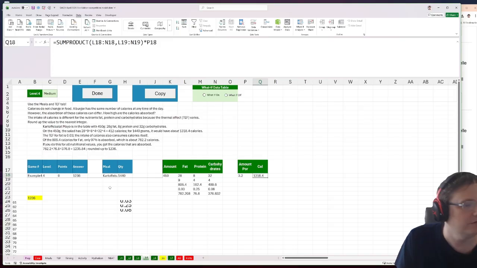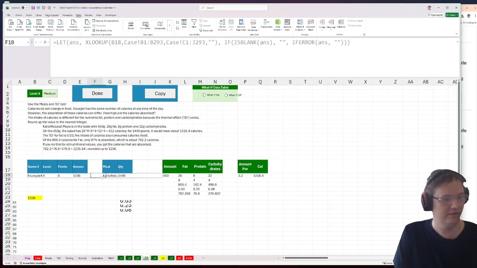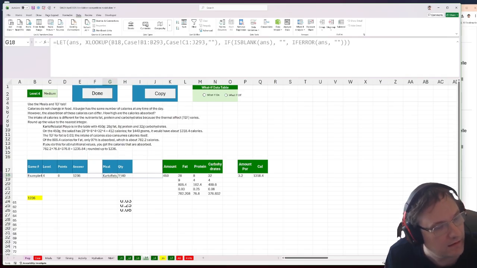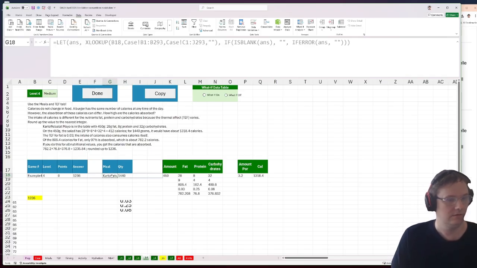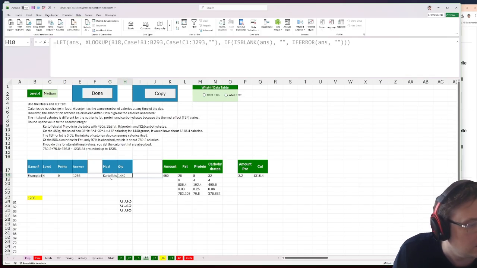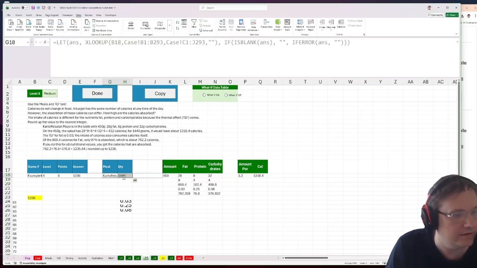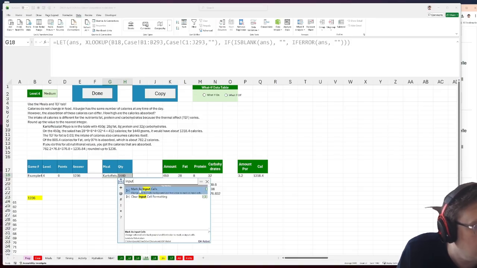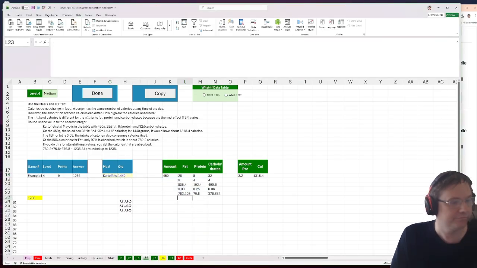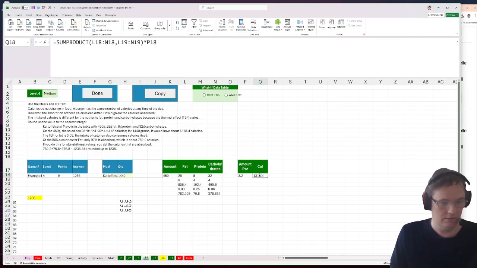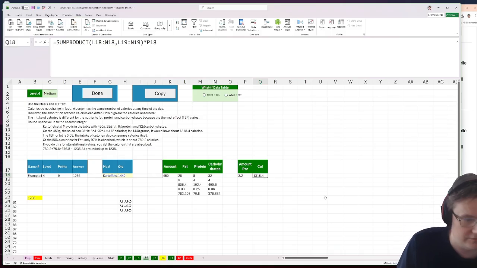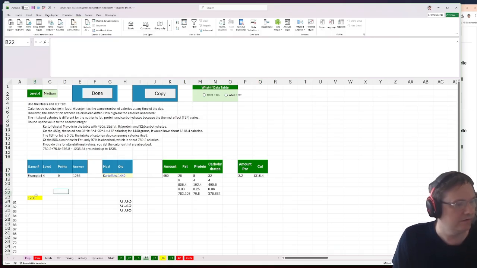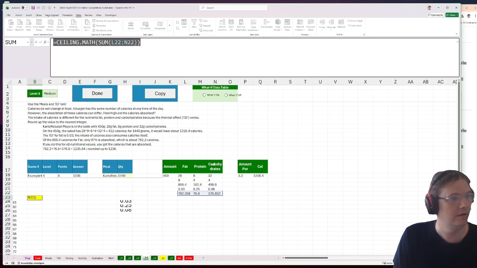How high are the calories absorbed of this quantity? So if this is my input, and this is calories absorbed, right?